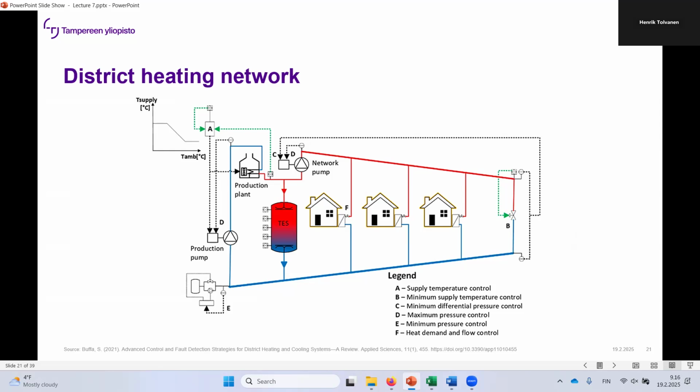And the lower the supply temperature, and these houses are still having the same demand, then you're going to have to pump more water. It's going to cost more, but you're going to have less losses.